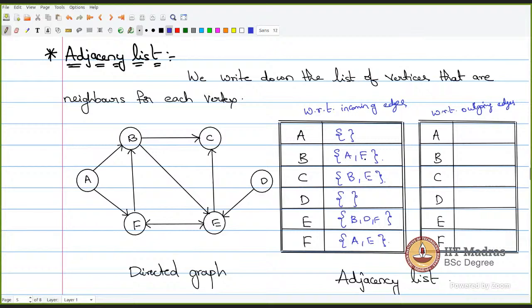You just have to worry about the upper side of the matrix. So in the undirected case, maybe the adjacency matrix plays a better role than the adjacency list. Okay, so in undirected graphs the matrix will always be an advantage over the list. Yes, the matrix will have a better advantage than the list.